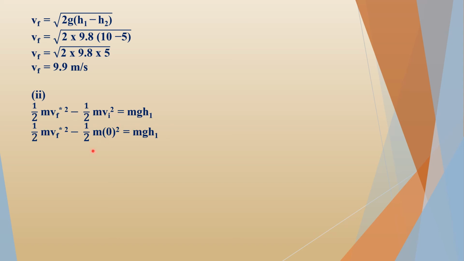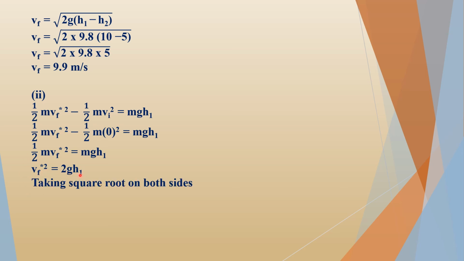Initial velocity is equal to 0, so this term becomes 0, and we get Vf static, that is final velocity at the surface of water, square is equal to 2gh1. Taking square root on both the sides and putting the values, we get Vf static is equal to 14 meter per second. So final velocity at the surface of water, Vf static, is equal to 14 meter per second.